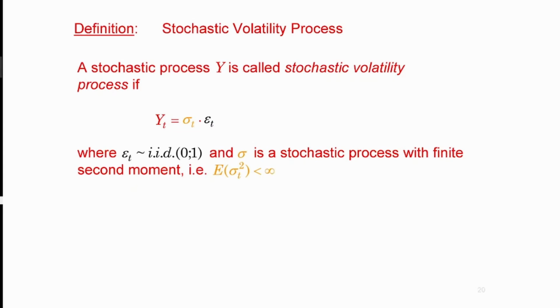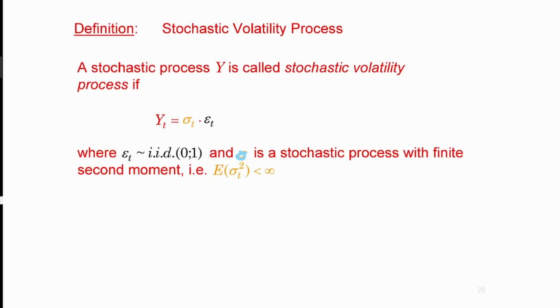In this case, the variance will be finite, as you will see, but that addresses the second moment of the process, especially I'm talking about the process sigma. Whatever that stochastic process will be, the only requirement that I have for it is that its second moment is finite. Anything else can be neglected in this case.